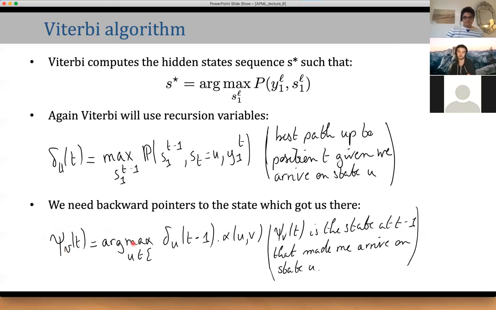So it means that for phi of t, we take the states at position t minus 1 which allowed us to arrive with the maximum probability at position t.